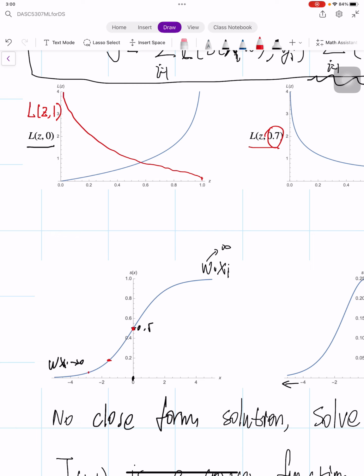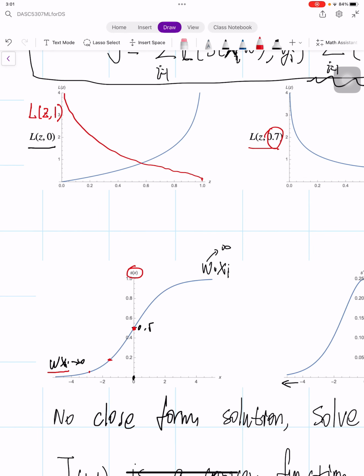If we use 0.5, it means that after you apply the logistic transformation to Wxi, if it's above 0.5, you classify it positive, and below 0.5, you classify it negative.